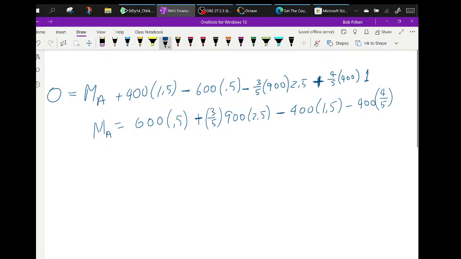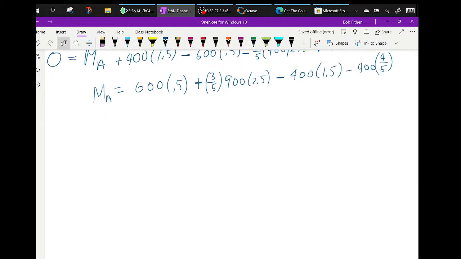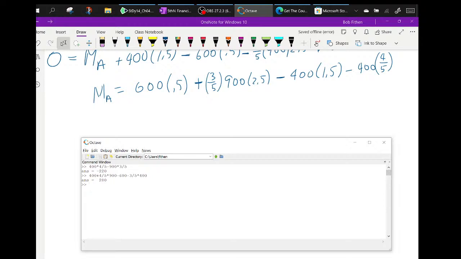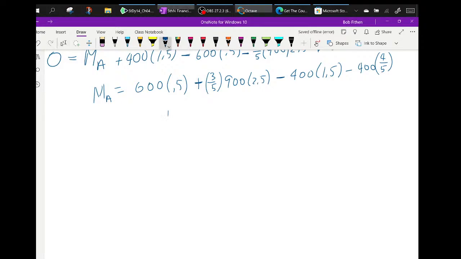And I'm going to slide up and put this underneath it. 600.5 plus 3 divided by 5 times 900 times 2.5 minus 400 times 1.5 minus 400 times 4 divided by 5. 730.